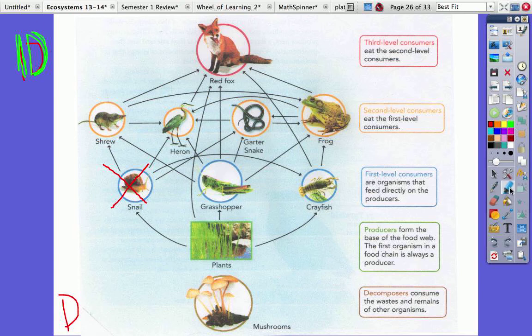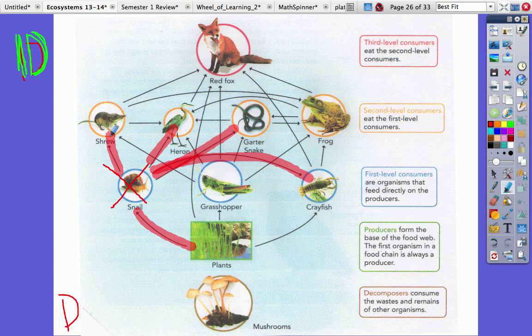So direct effects. Anything that is directly affected is directly connected to the organism which is being hurt. So direct, direct, direct, direct, and direct. That's a direct effect.